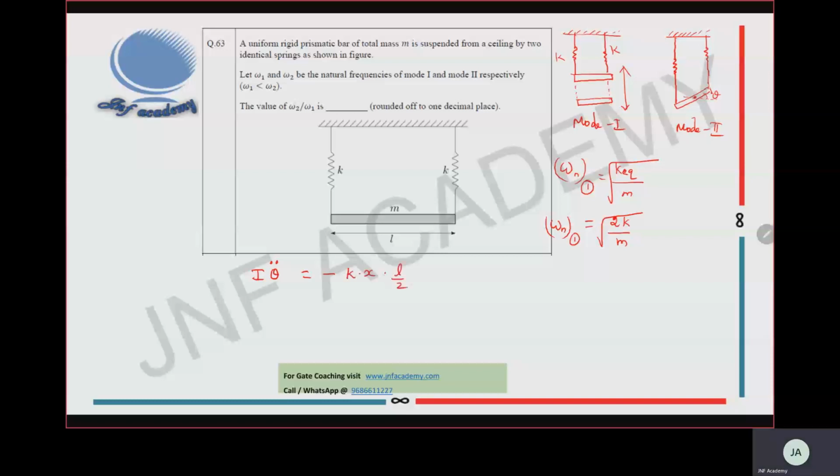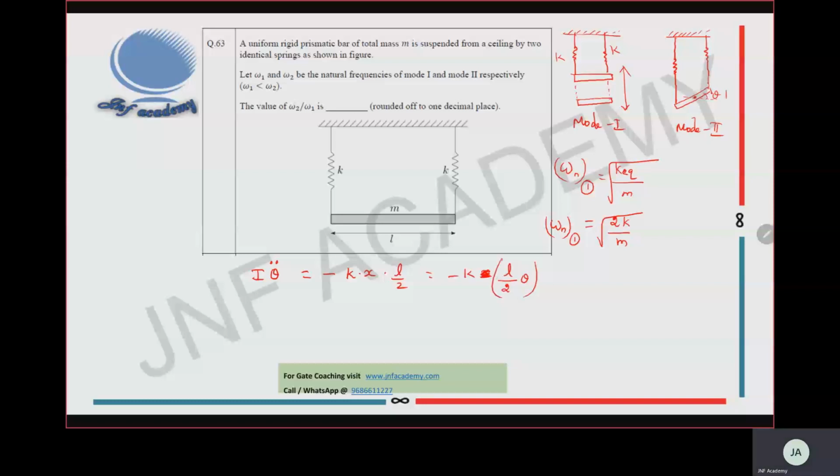Now I can replace this x in terms of theta as follows: K L by 2 into theta.